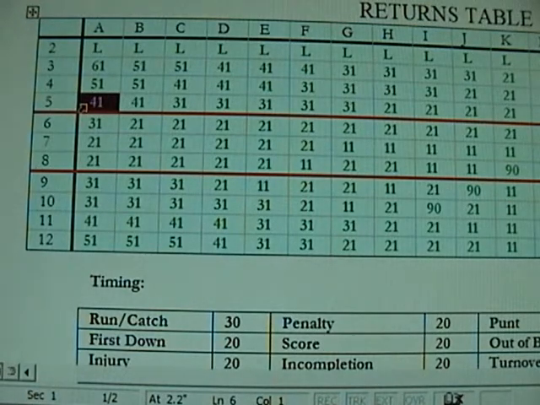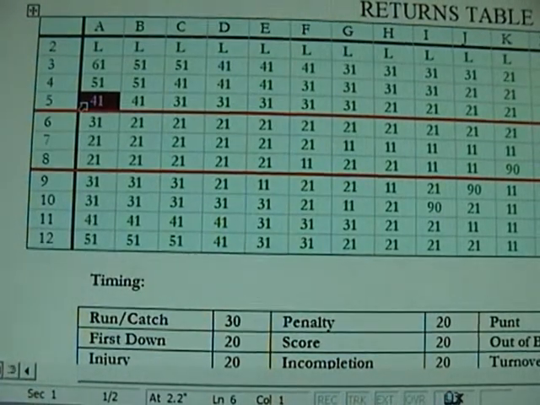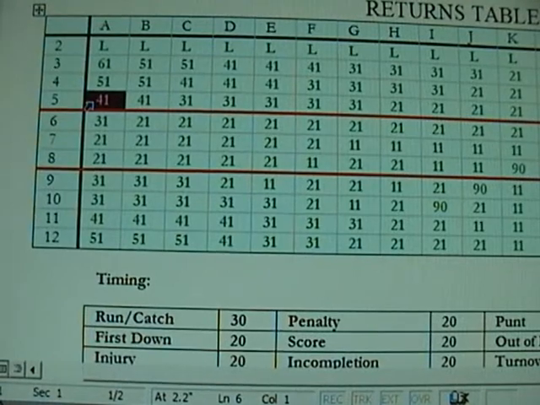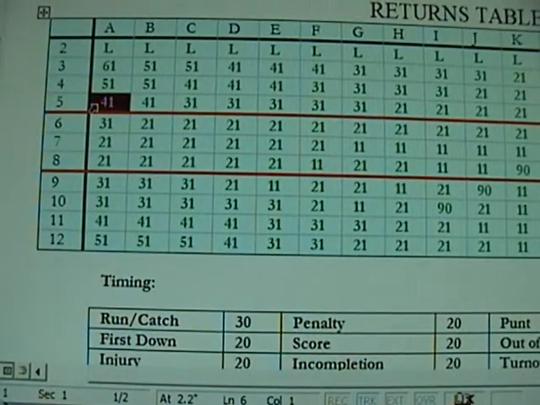Well, as you can imagine, he's fairly deep back, and so his rating is not going to be very good, thus the A. So in fact it would have been a 41 whether it was a squib or a normal kick. So we would have had a 45 yard return for either Simpson or McCulloch, depending on whether it was a squib or a normal kick.